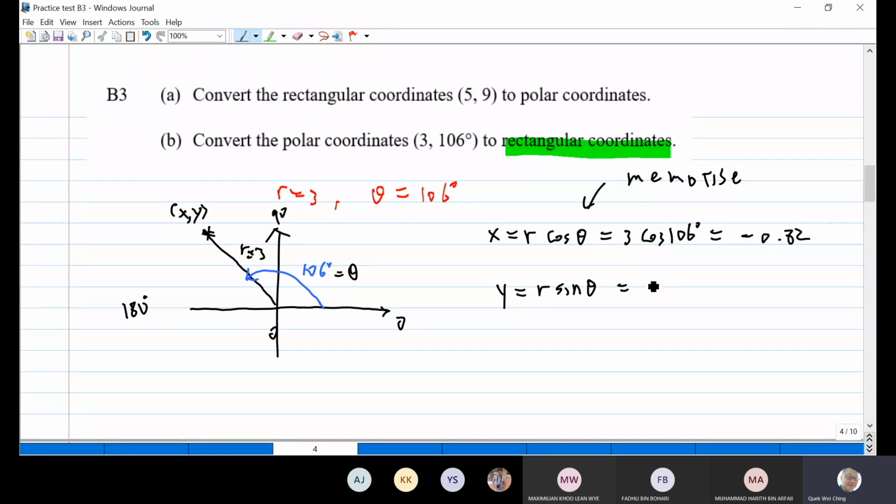The y will be positive now, sine 106 here. When you draw a diagram, you know the value is positive, negative value, right? So 3 sine 106 now. And this 2.8 here.